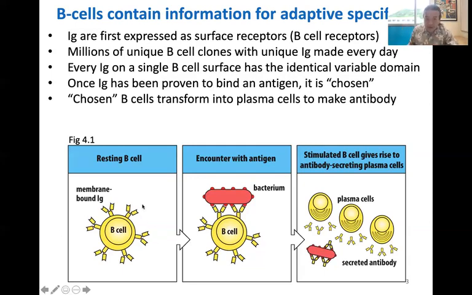In other words, this one B cell in the cartoon is covered with these B cell receptors. Each one of these immunoglobulins is identical, because that is the version of immunoglobulin and its variable three-dimensional shape that this particular B cell knows how to make.